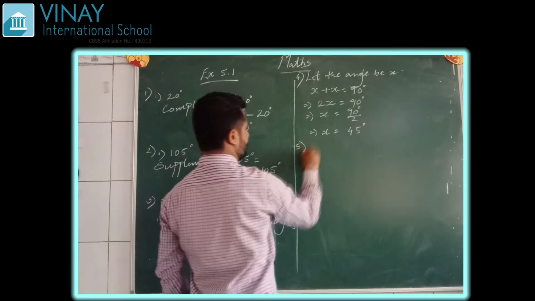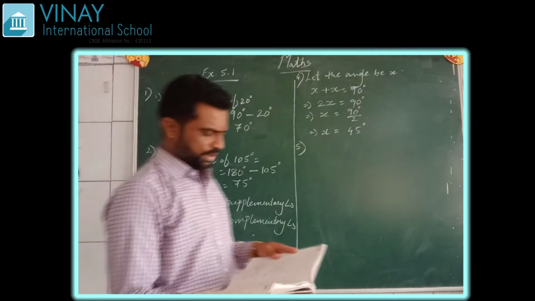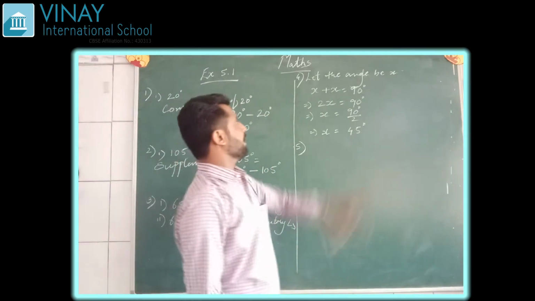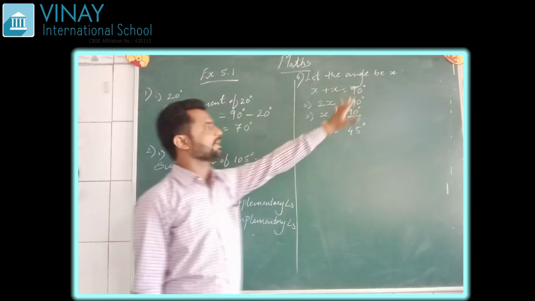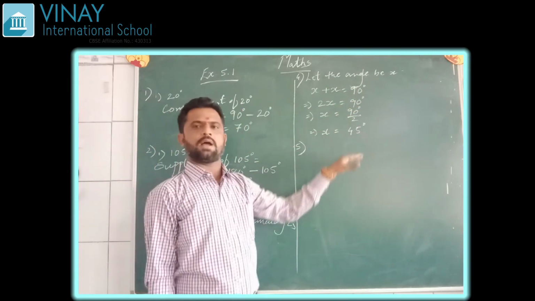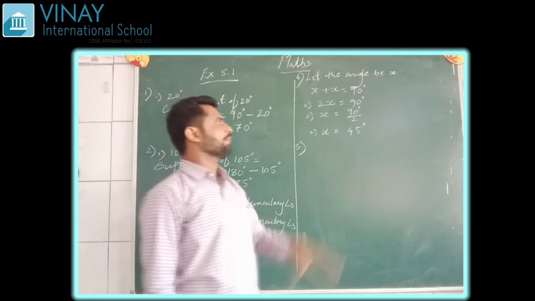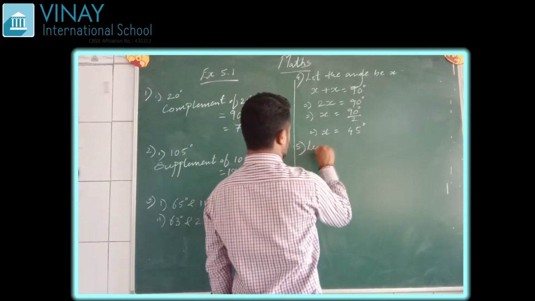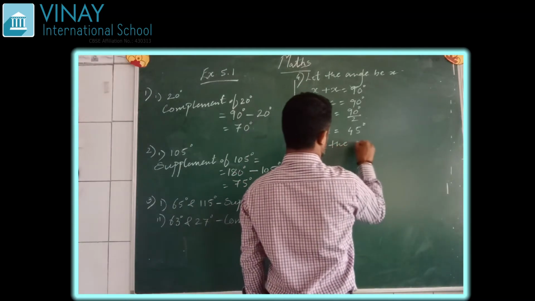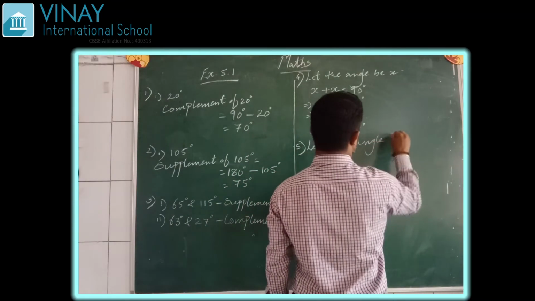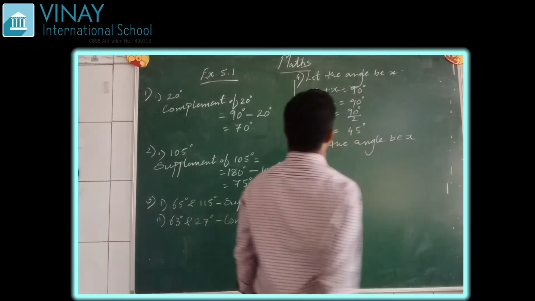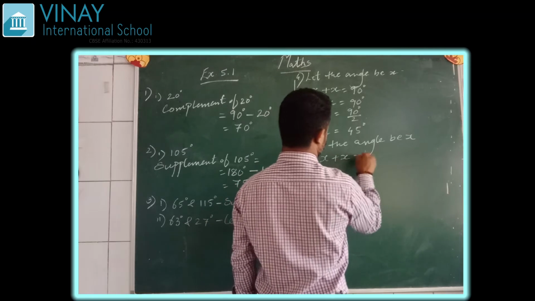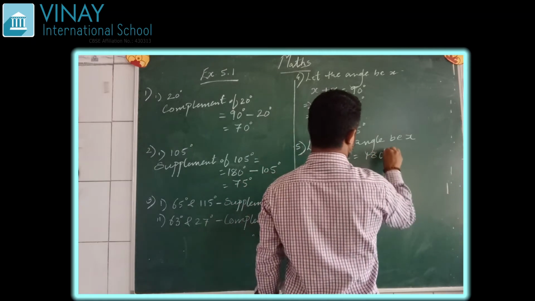Again, question number 5 is same as question number 4. Here we have to just find the angle which is equal to its supplement. In question number 4, we found the angle which is equal to its complement. Now in question number 5, we have to find the angle which is equal to its supplement. The same way, let the angle be x. Now we can say that x plus x is equal to 180 degree.